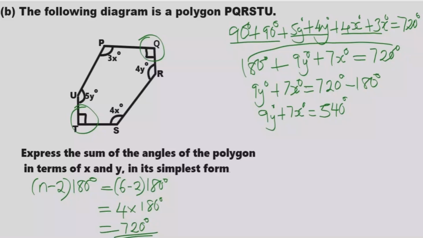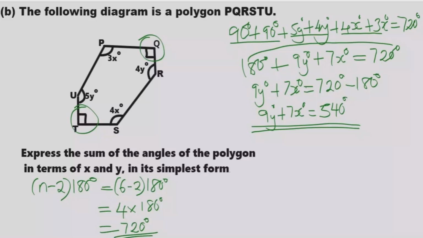Now this way we have expressed the sum of the angles of the polygon in terms of x and y in the simplest form. Okay, so why am I saying this? We can now safely say there is no number that can go into 9 and 7 as well as into 540 degrees. So these three terms don't have a common factor. That means we leave it here, at the level of grade 9.